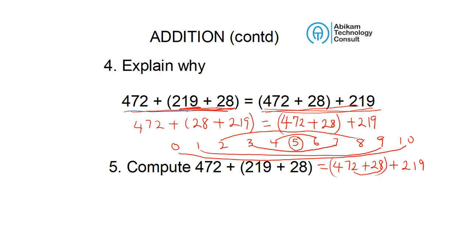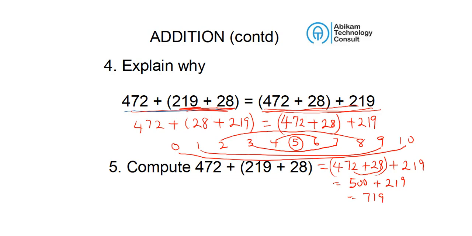So meaning that you can easily add these two numbers together. 472 plus 28. If you add this 8 to this 2, we have 480. 480 plus 20. You can see also 2 and 8. It will give us 500. So we have 500 plus 219. And we can easily say it is 719. So you can see it made our addition easier and seamless.